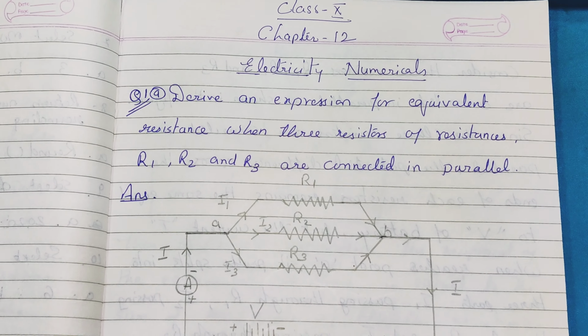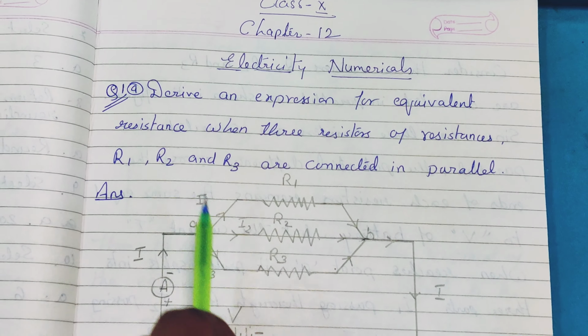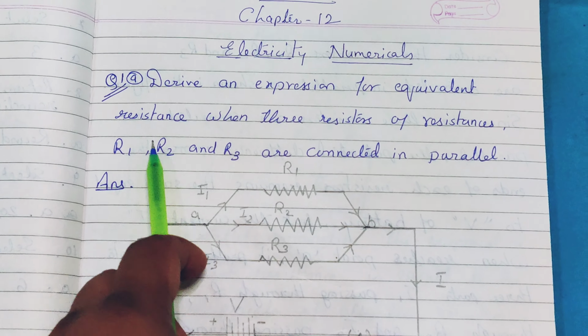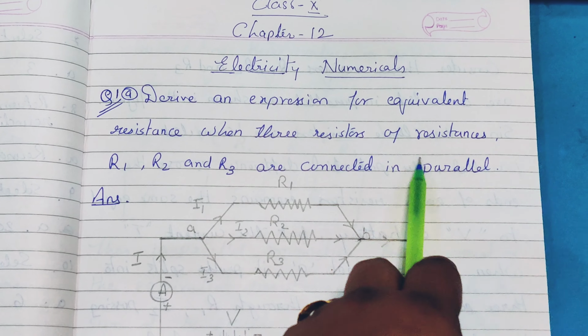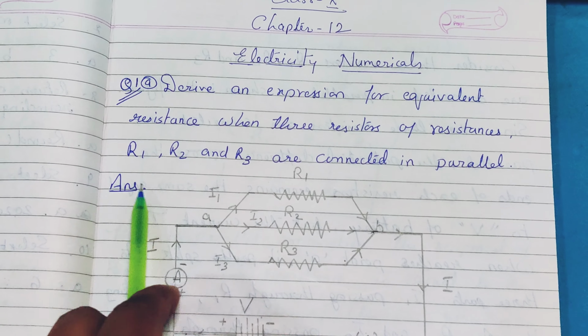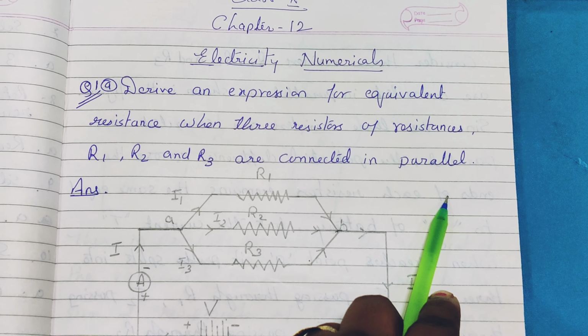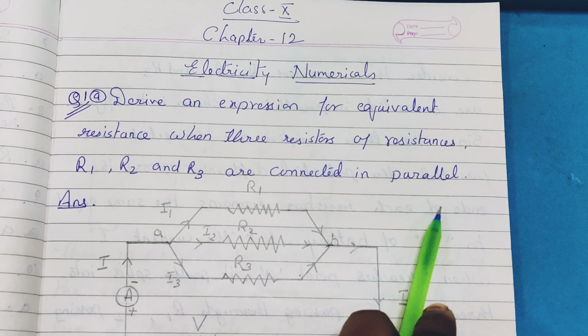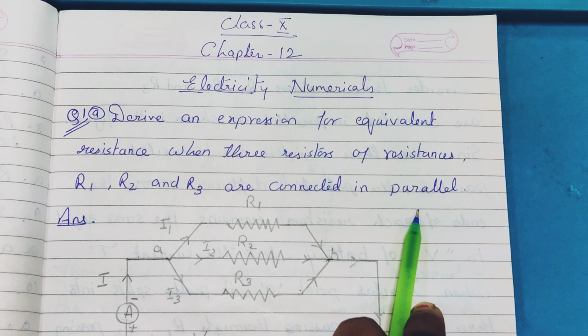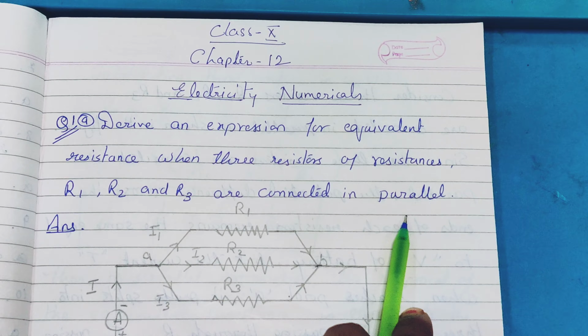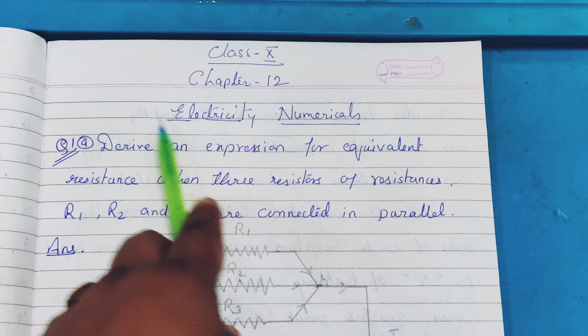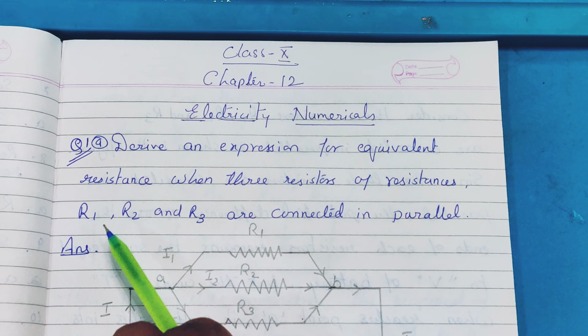Okay, now our first question is, derive an expression for equivalent resistance when three resistors of resistance R1, R2 and R3 are connected in parallel. Already we have learned about the parallel and series combination. The question never asks directly to derive the parallel combination or derive the series combination.